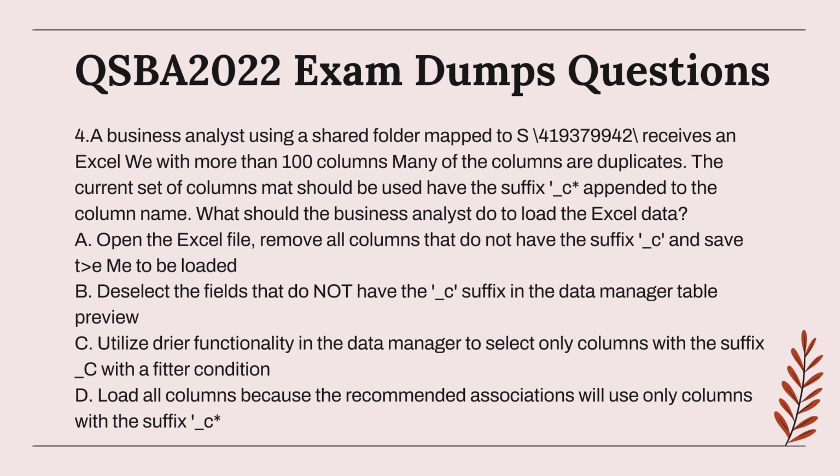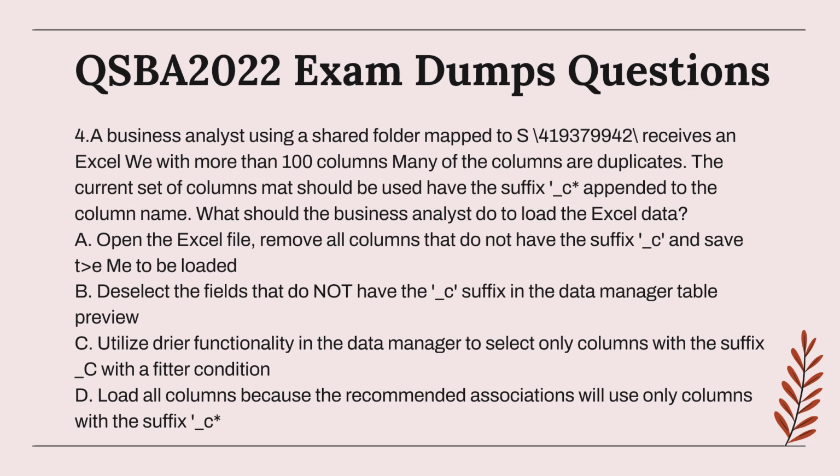4. A business analyst using a shared folder receives an Excel file with more than 100 columns. Many of the columns are duplicates. The current set of columns that should be used have the suffix _C appended to the column name. What should the business analyst do to load the Excel data? A. Open the Excel file.